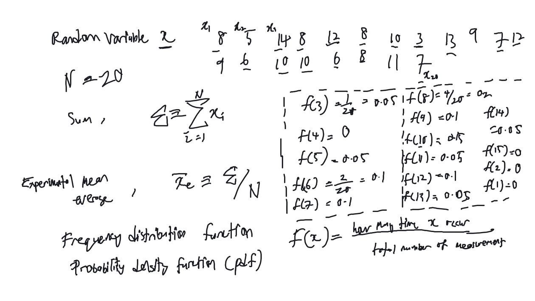And if you sum up the probability for variable x from 0 until n, it will always be 1. Everything was divided by n, which is the total number of measurements.